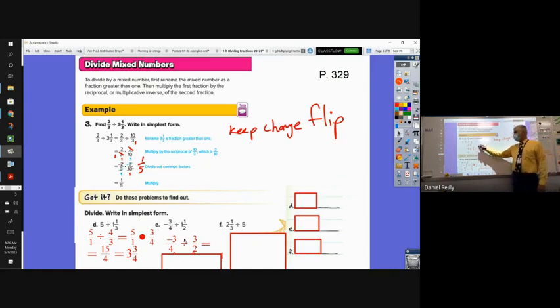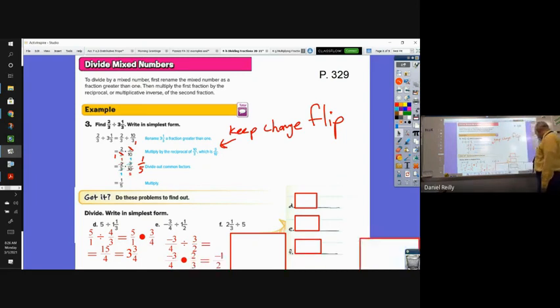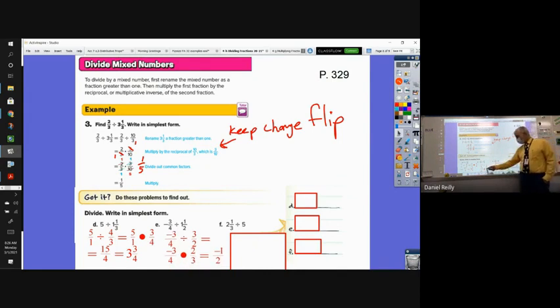Then multiply by the reciprocal, that's keep, change, flip. So negative 3/4 times 2/3. You could cross reduce the 3's here, or you get negative 6/12, which simplifies to negative 1/2. Negative 1/2 for letter E.